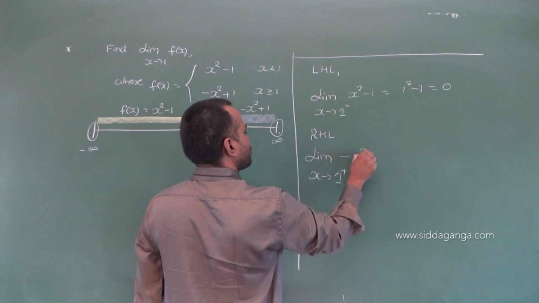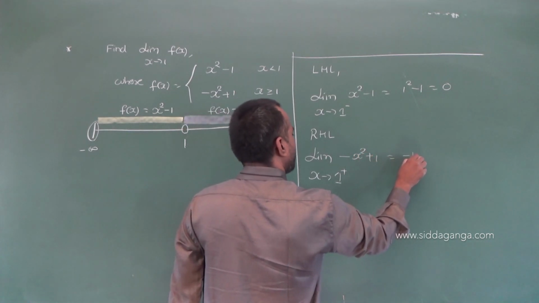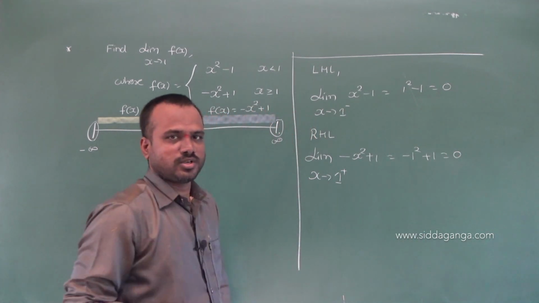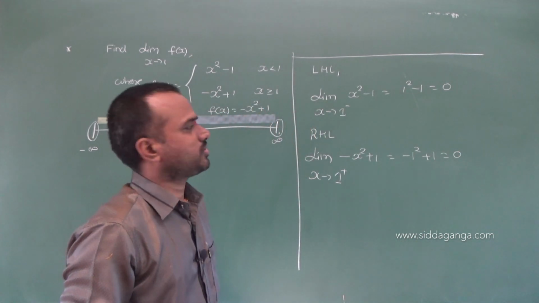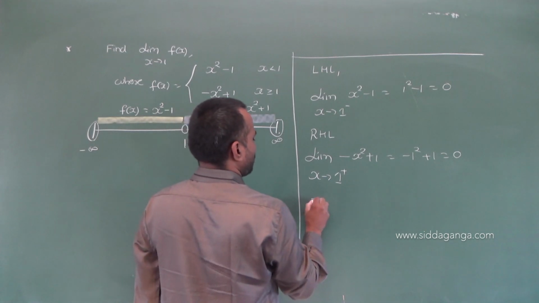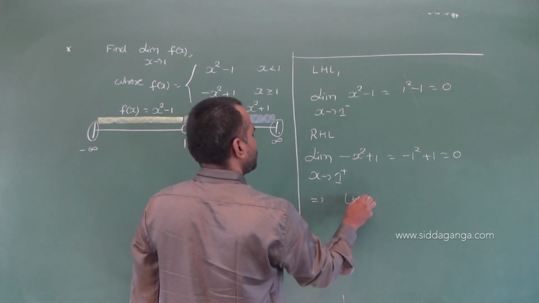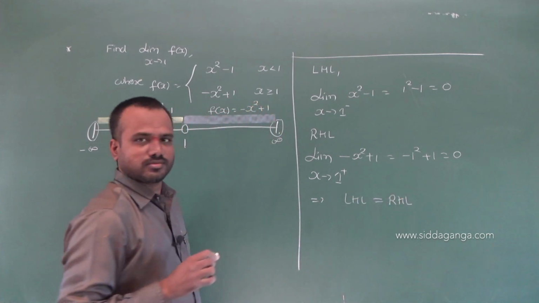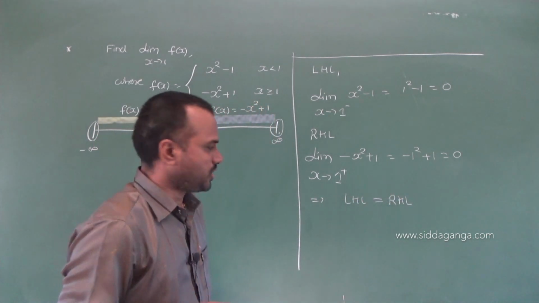Minus x square plus 1, minus 1 square plus 1. Again the answer is 0. That implies left hand limit is equal to right hand limit.